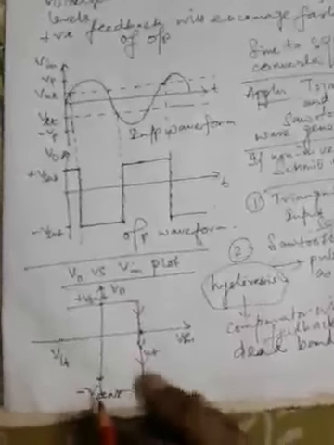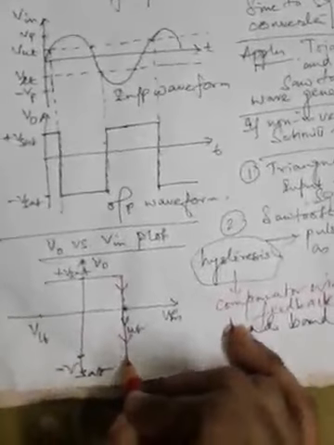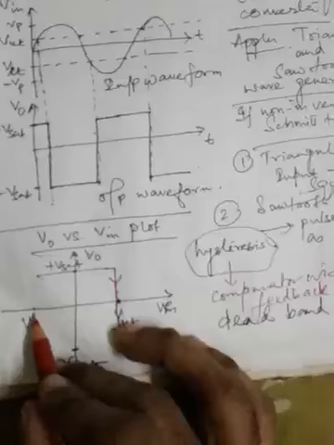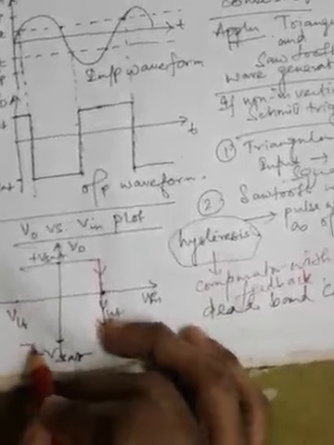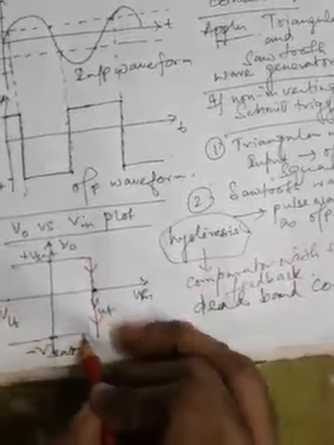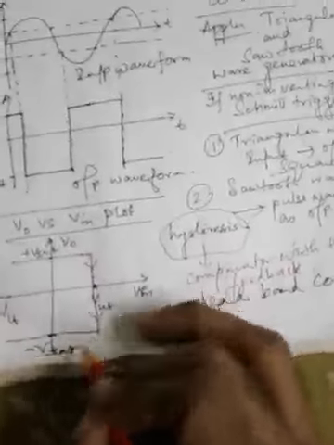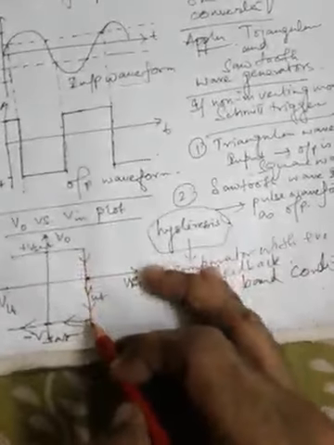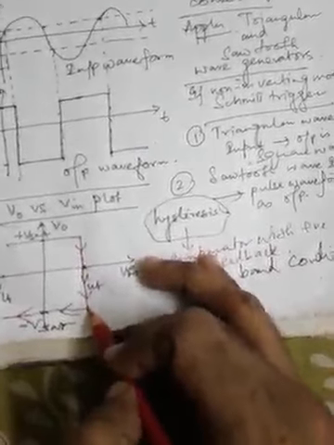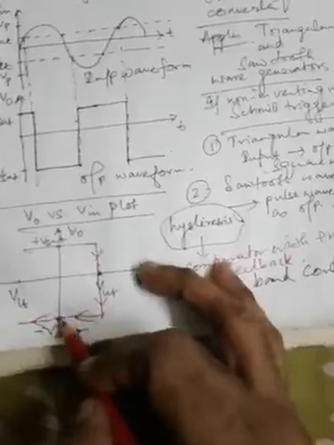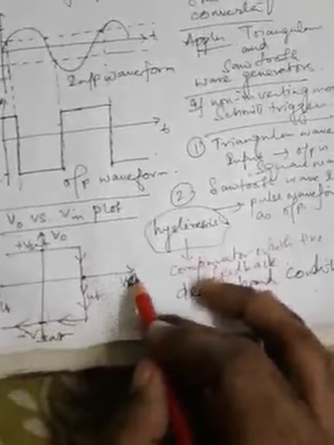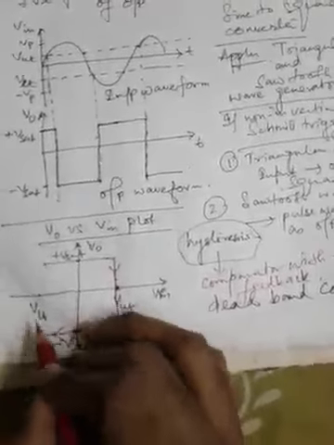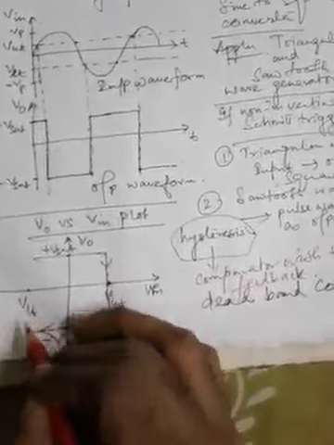That means till the time the input voltage is greater than this lower threshold voltage, it will maintain the output voltage at minus saturation level, minus Vsat. So this curve will be directed now along this. It will move downward, reaching the minus Vsat level, and take a left turn and become parallel to this Vin or input voltage axis, up to the point when it is attaining the lower threshold value.